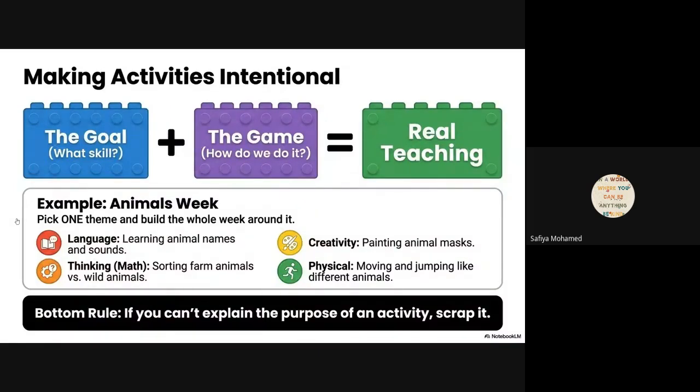For example, here they're giving us the example of Animals Week. Under language elders, you can put that the children are learning the names and the sounds that animals make. For creativity, you can say that you are going to be painting animal masks made out of paper plates, for example.